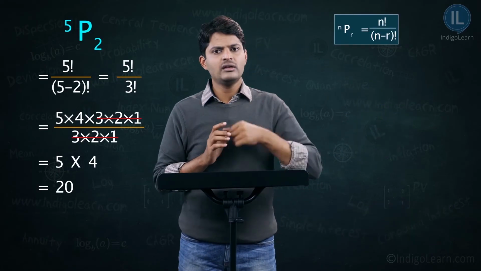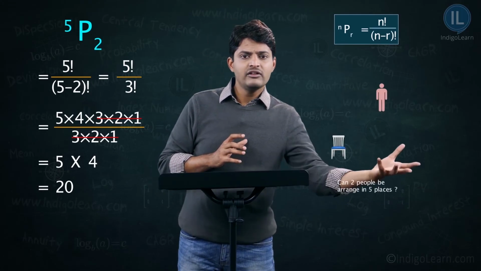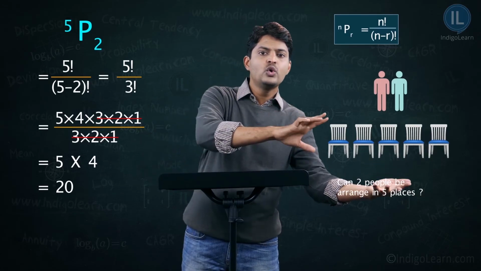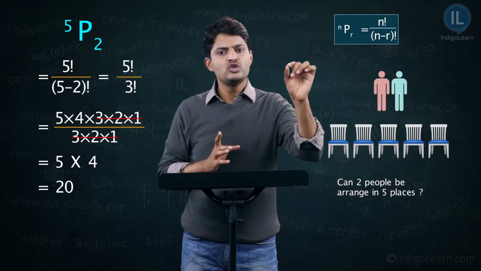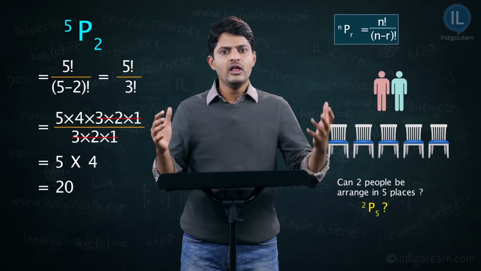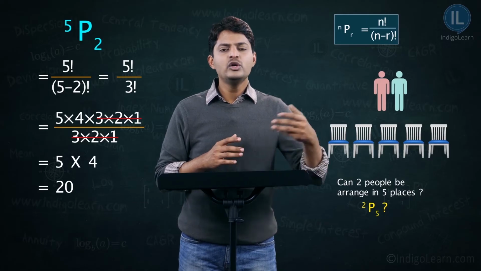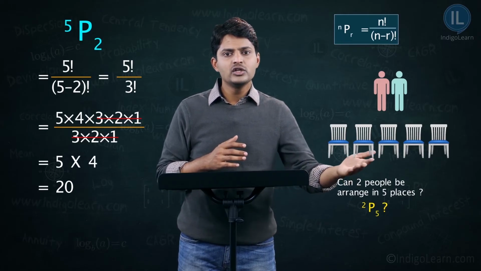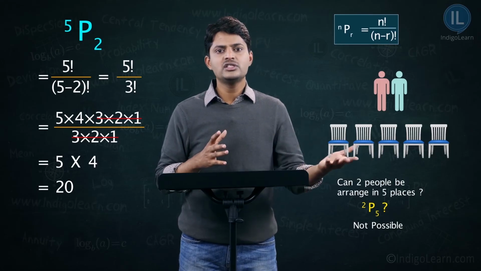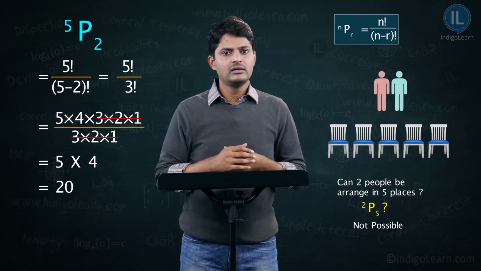Now in this question, is it possible that there are 5 different positions and you have to fill it only with 2 people? Or in other words, is 2p5 possible? No, technically, because if 5 positions are available, how can you fill only 2 people so that you occupy everything? Technically it is not possible, because 5 positions have to be filled, means minimum you require 5 people, correct?